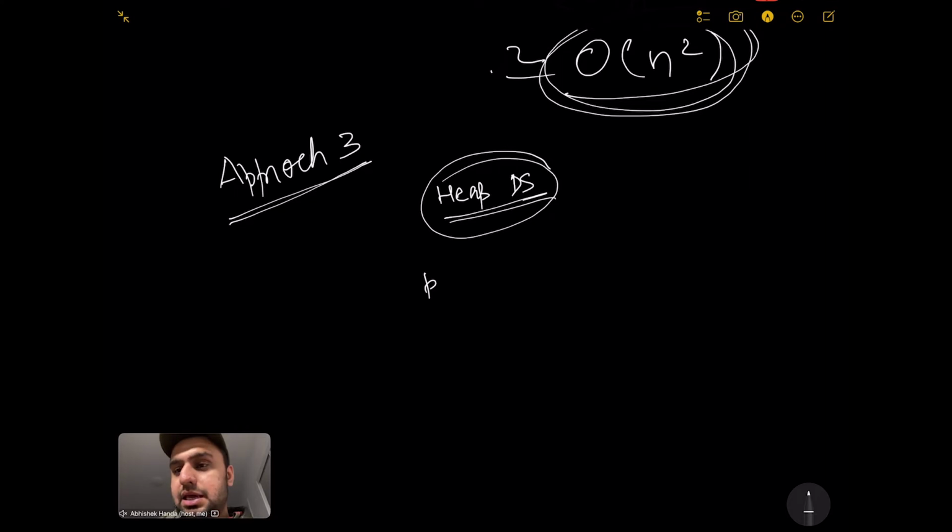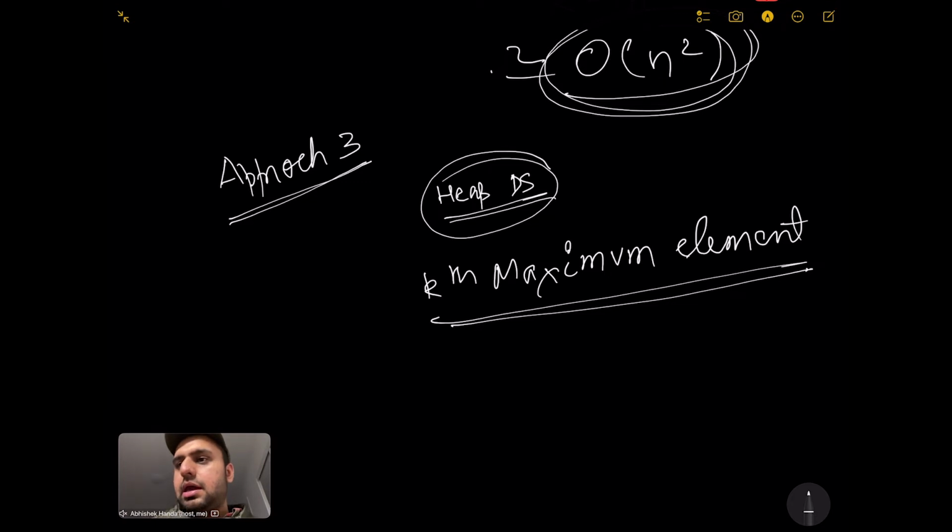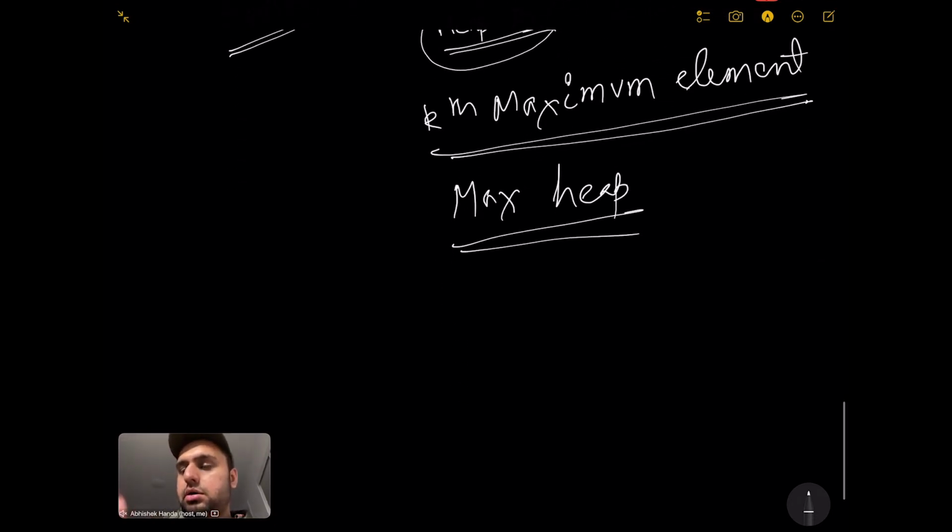What is asked is the kth maximum element. So I can make a MaxHeap and extract max k times, and that will give me the kth maximum element, right?